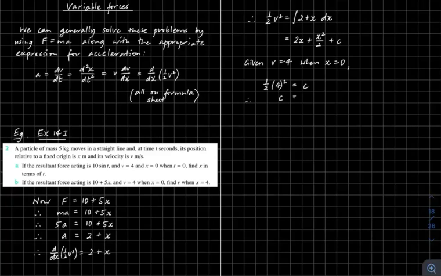So what's that? c is 8. So therefore half v squared is equal to 2x plus x squared over 2 plus 8, and we're trying to find velocity when x equals 4.